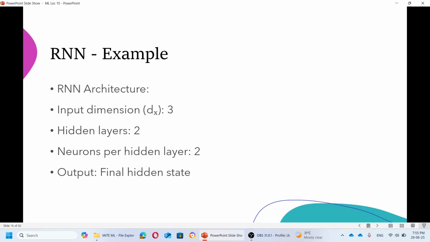Hidden layers 2, neurons per hidden layer are 2. We are using 2 hidden layers instead of 1, and 2 neurons per hidden layer. Here we have limited the number of neurons. We are not using 32 or 64, just 2 neurons to show you how this works. And the output is the final hidden state.